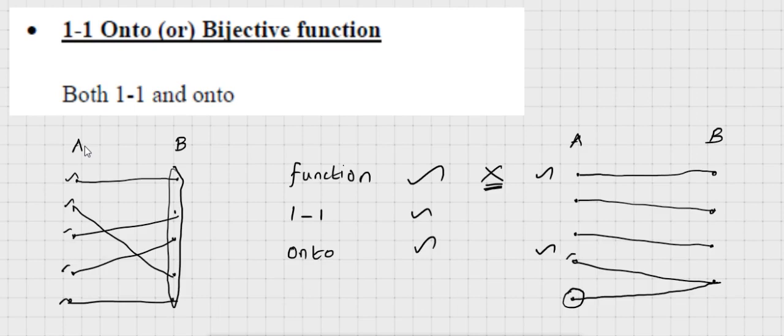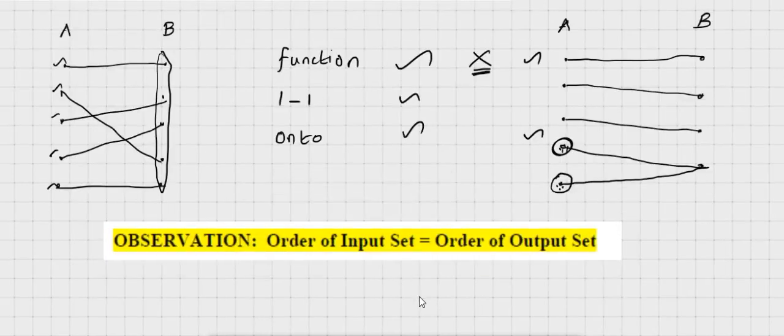Because these two inputs were having the same outputs. Here it is satisfying the definition of a function, as well as onto, but the one-to-one condition is not satisfied. So the observation here is the order of input set must be equal to the order of output set.